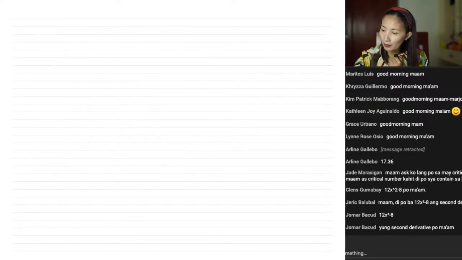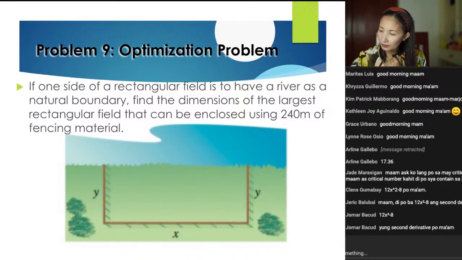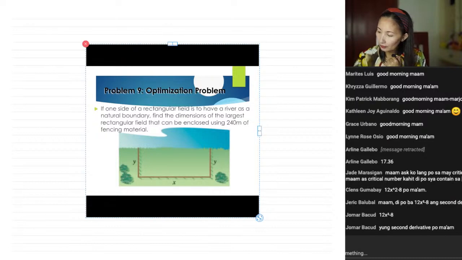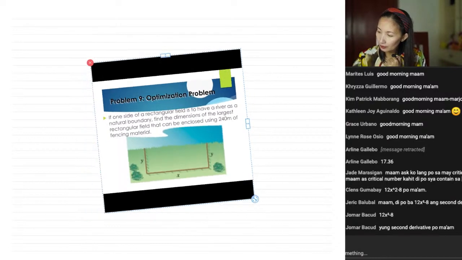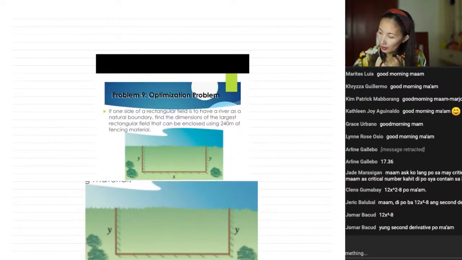For this problem, let me take a screenshot so that we will have a guide. Okay, this one.